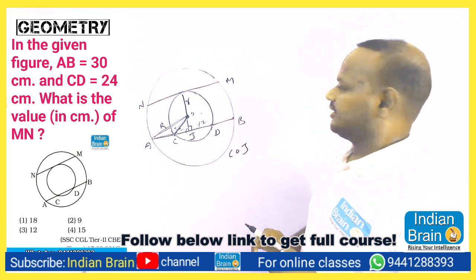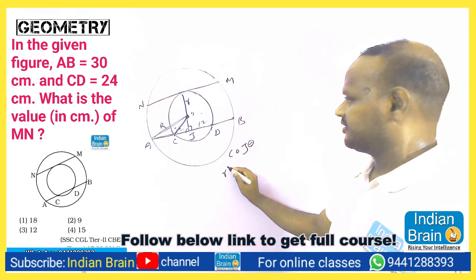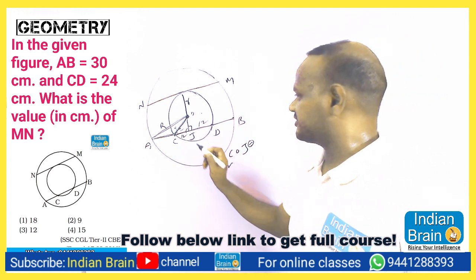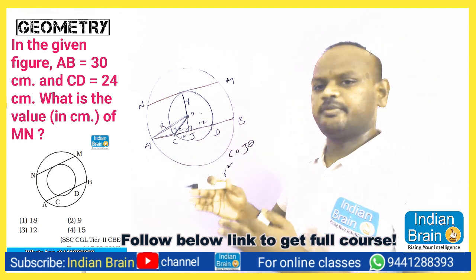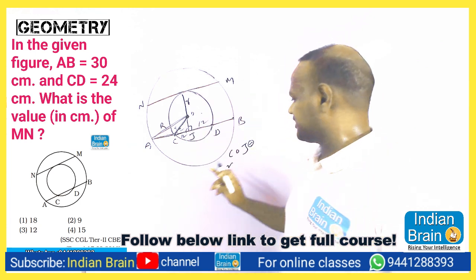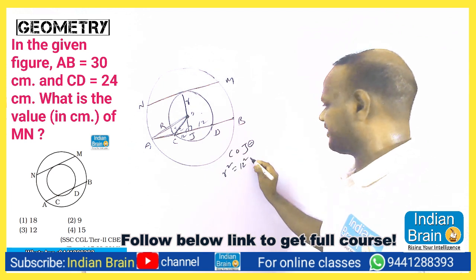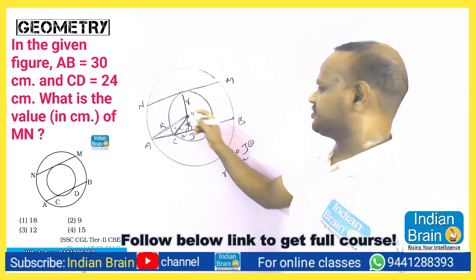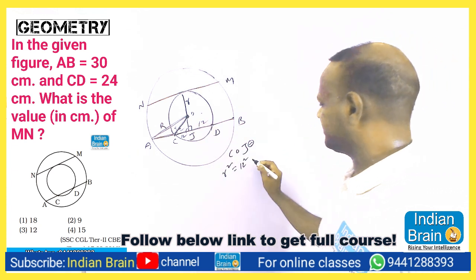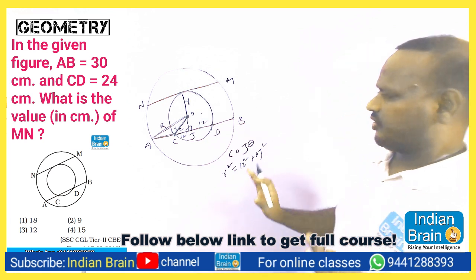According to this triangle, small r square is equal to 12 square plus OJ square, because this small part is 12 centimeters. CD is 24, and OJ is the perpendicular bisector of the chord. I don't know the OJ value, so 12 square plus OJ whole square. This is the basic property. This is the small triangle story.